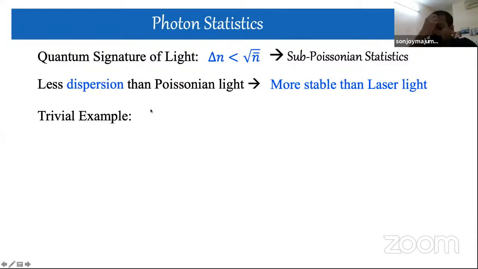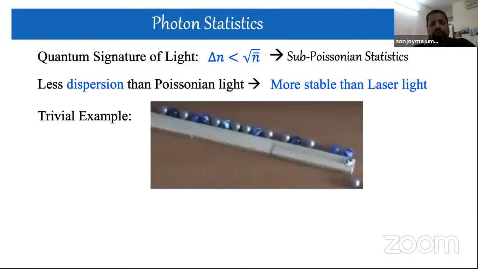Let us see a trivial example to understand the sub-Poissonian status. We have all played with marbles in our childhood. Glass marbles: you align them over a bar and drop one after another from the bar. You can just visualize this picture.